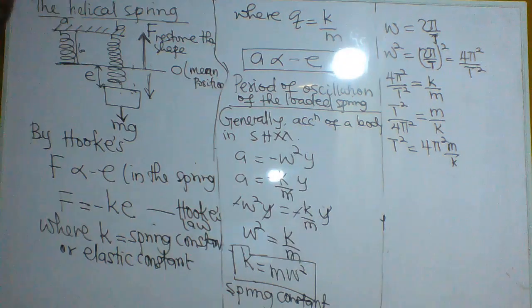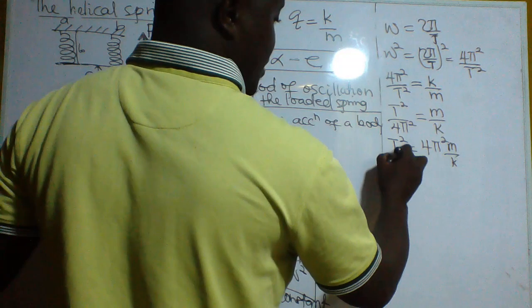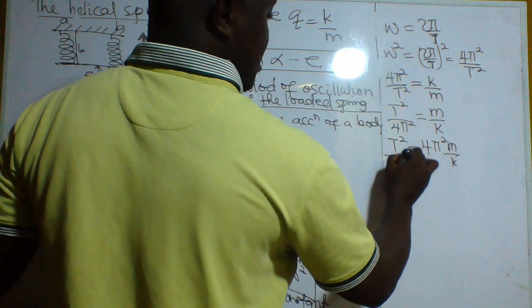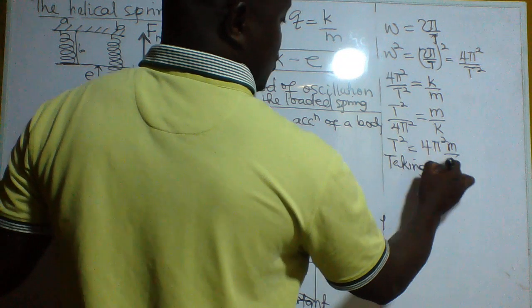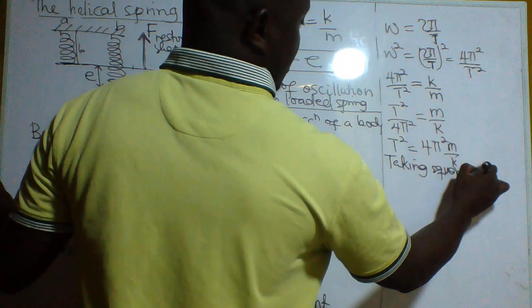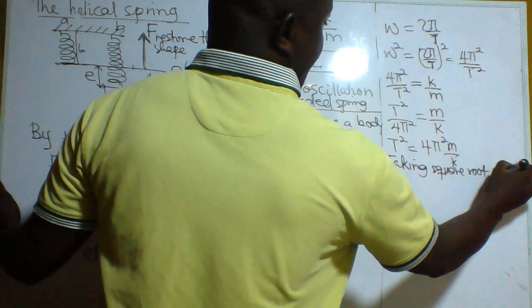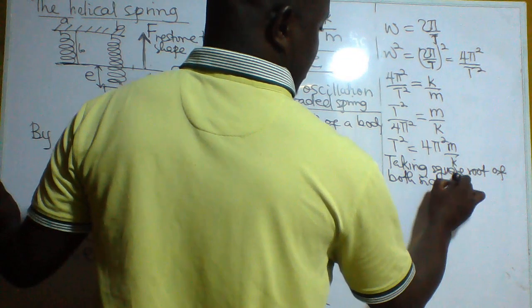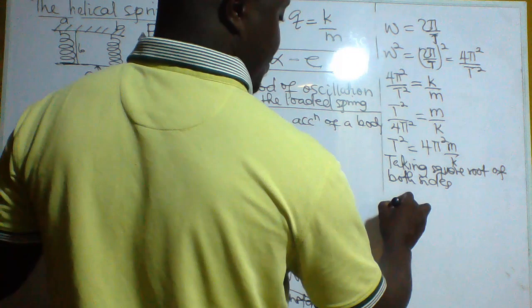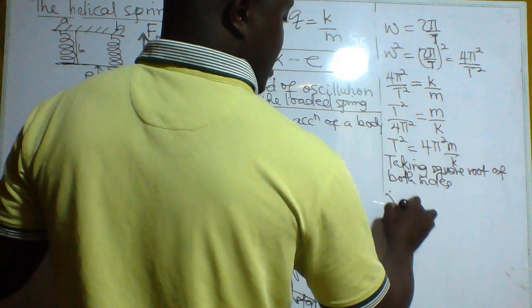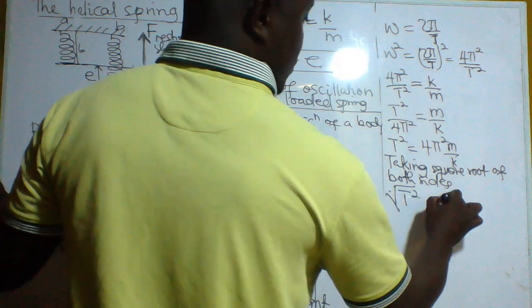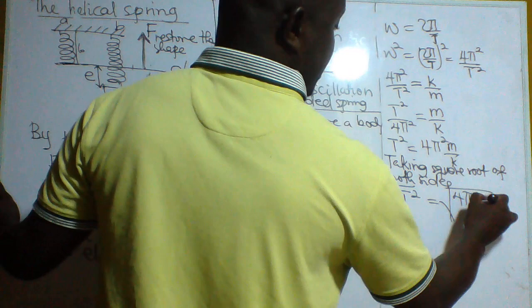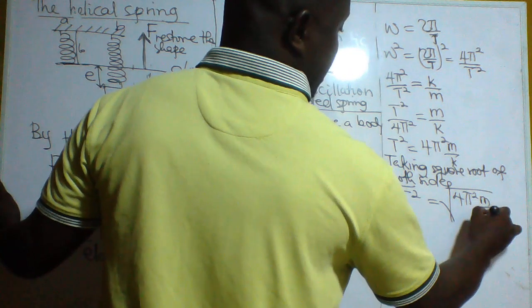Taking the square root of both sides, T squared is equal to 4 pi squared m on k.